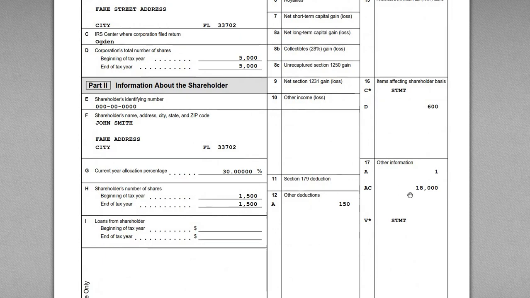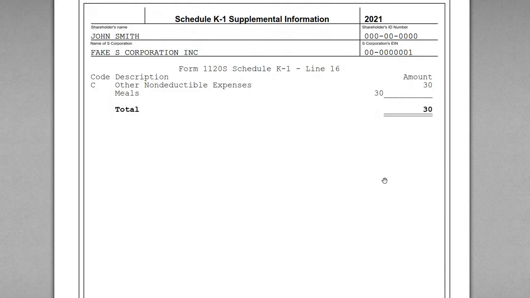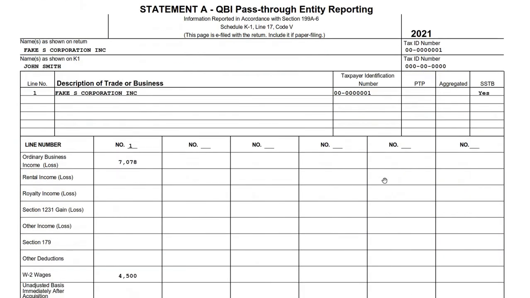And then 17AC is the allocation of gross income. So $18,000 is 30% of the $60K on page 1 of the 1120S. And then 17V, other information. This is the other statement that represents information on the qualified business income being allocated to the shareholder.